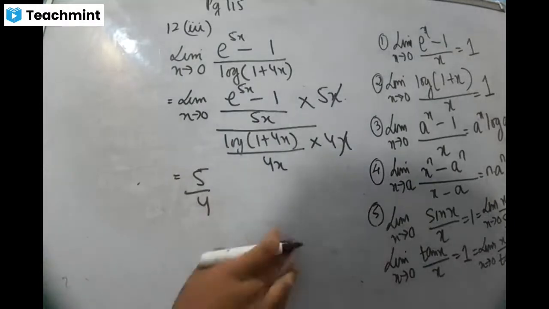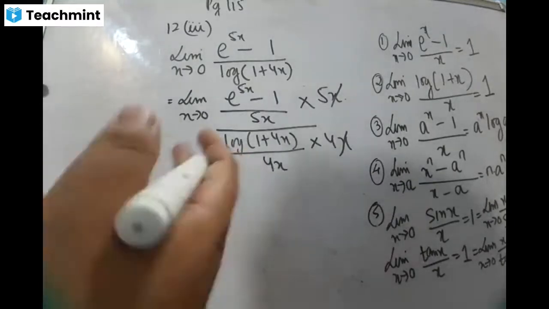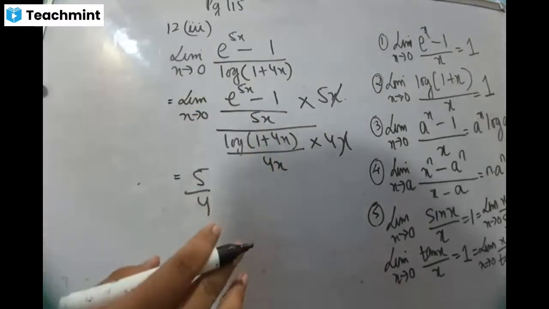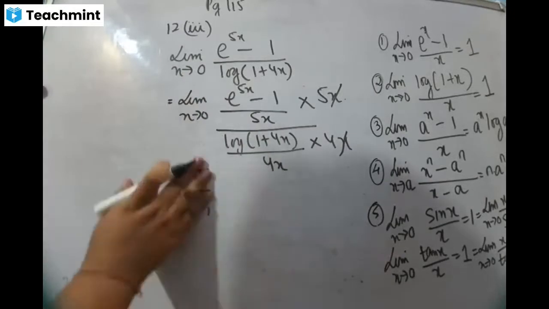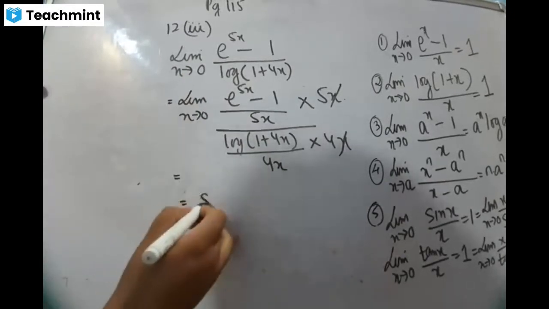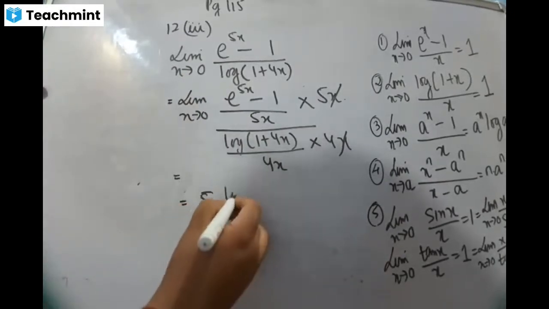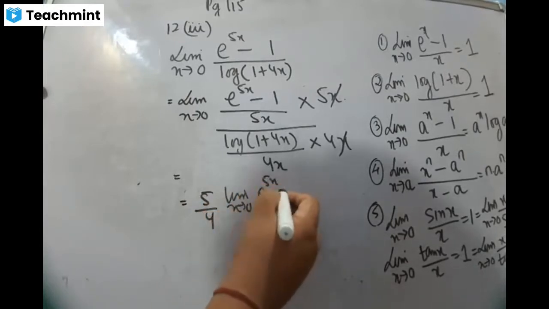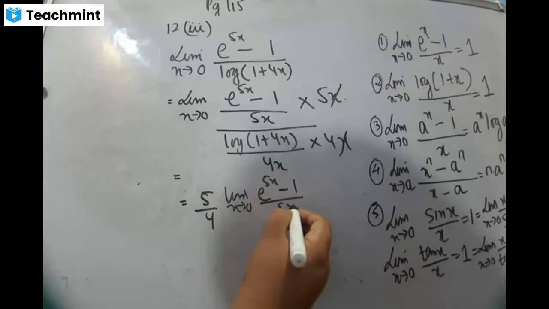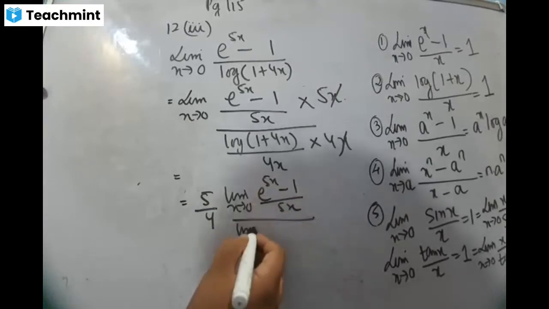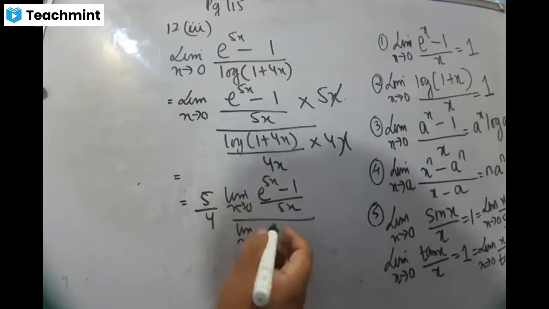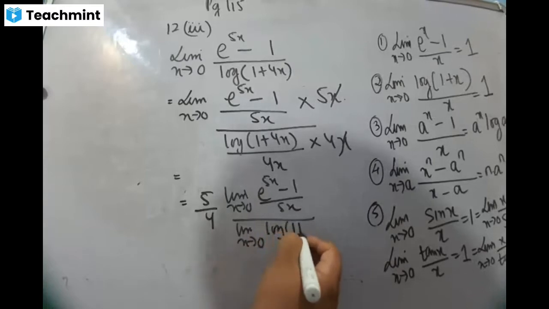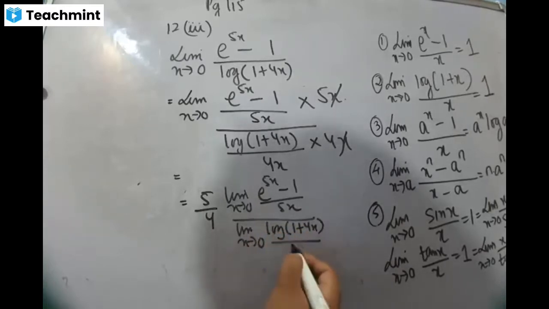Now I will do one extra step just to explain it to you. Is that clear? So what I'm getting is 5 by 4, limit x tends to 0, e to the power 5x minus 1 divided by 5x, divided by limit x tends to 0, log 1 plus 4x divided by 4x.